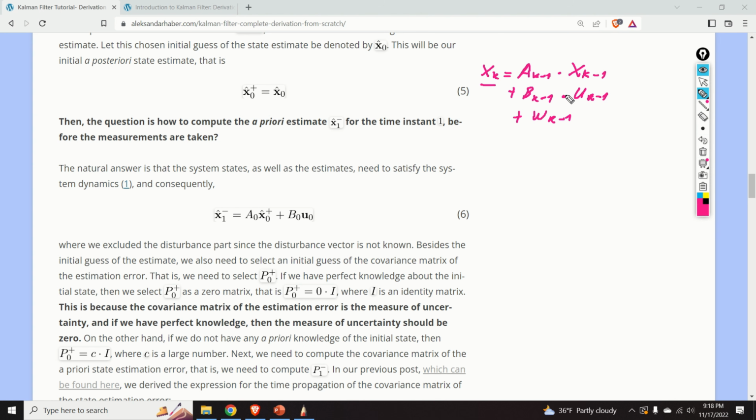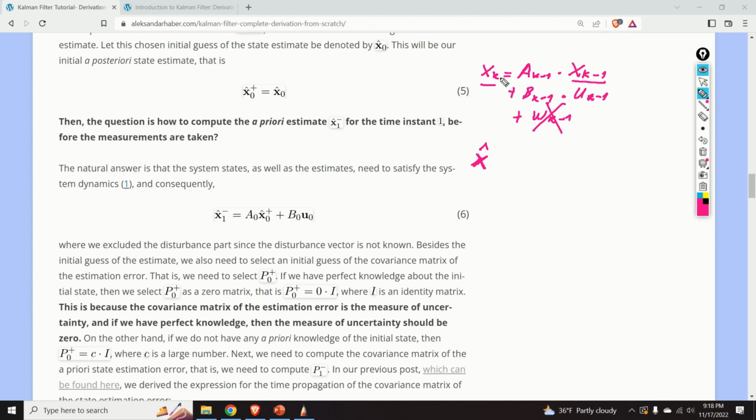Since the states need to satisfy the dynamics, the state estimates also need to satisfy these dynamics. However, the issue over here is the following one. We don't know the process disturbance, since we can only estimate the statistics of the process disturbance, that is, its mean and its covariance matrix.